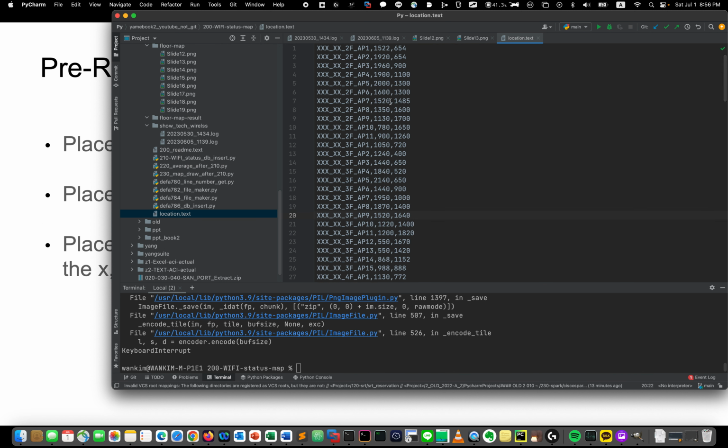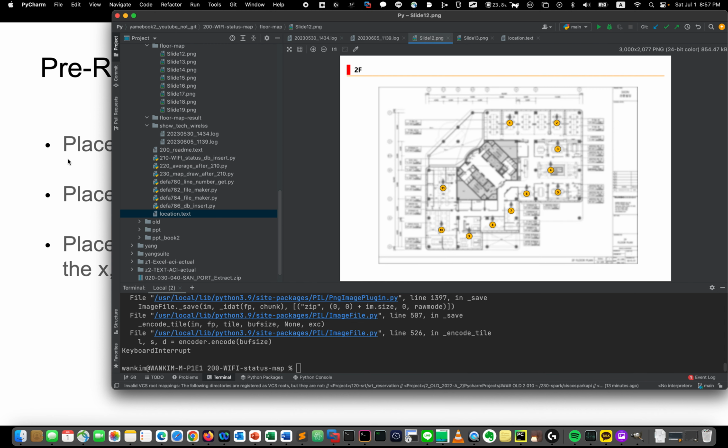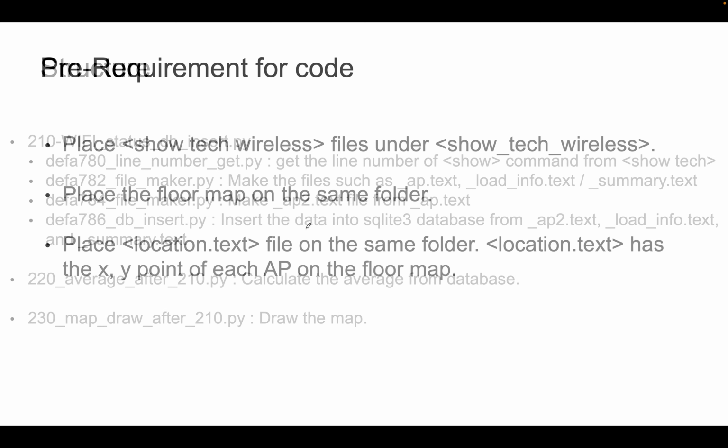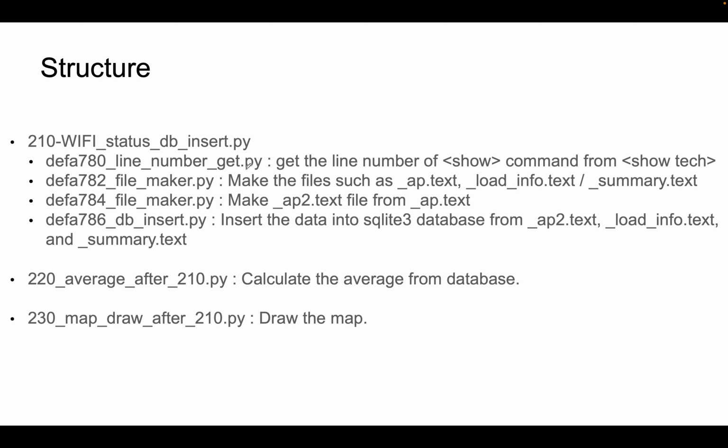It has the floor, AP number, and XY location for putting the channel numbers. So it's very easy. We can make it. And okay, then it's very simple.